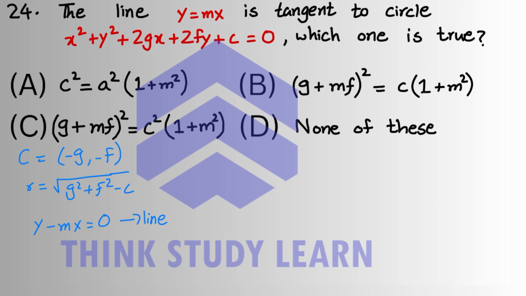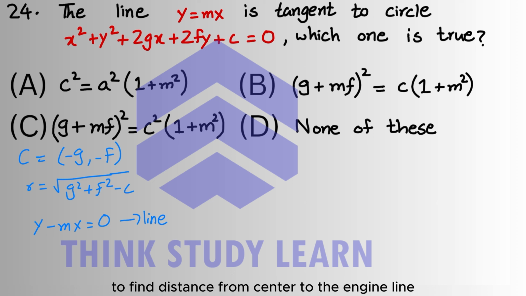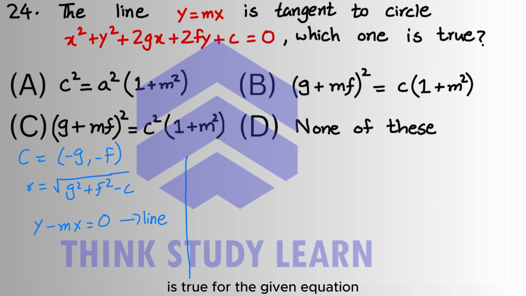To find the distance from center to tangent line, we will use the distance of a point from line formula to find which one of the following is true for the given equation.